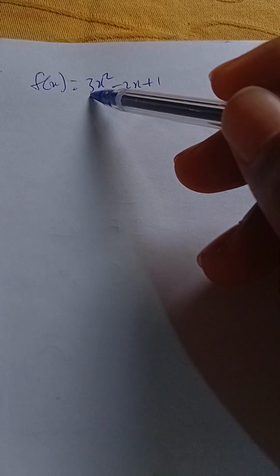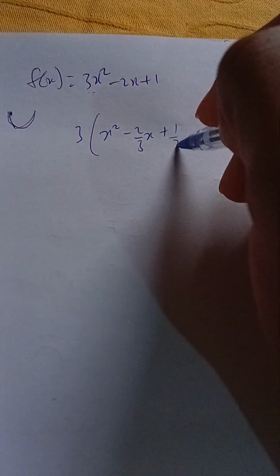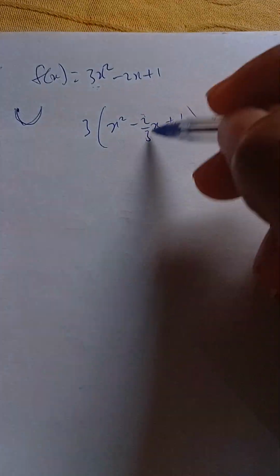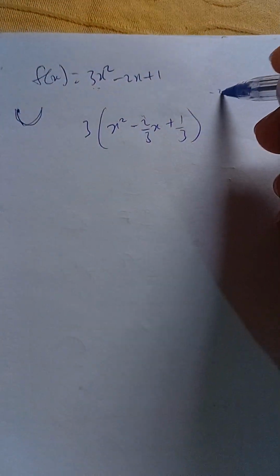Why are they asking us for the minimum value? Because a is positive. If a is positive, you get a minimum curve. Positive ones are always smiling, and it will look like this. So let's see. Quickly, you have that, and then you find half of this. So that's minus 2 on 6.